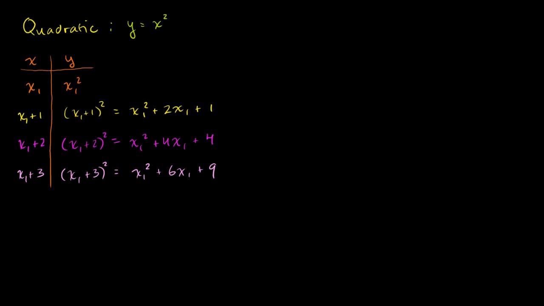Let's do one more. Let's increment it by one more, x1 plus 4, y is going to be x1 plus 4 squared, which is equal to x1 squared plus 8x1 plus 16.